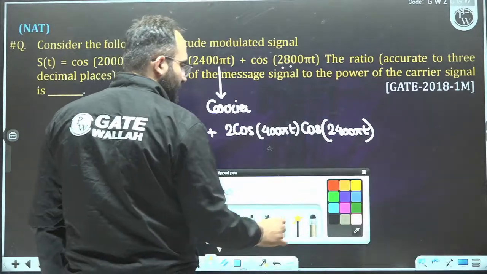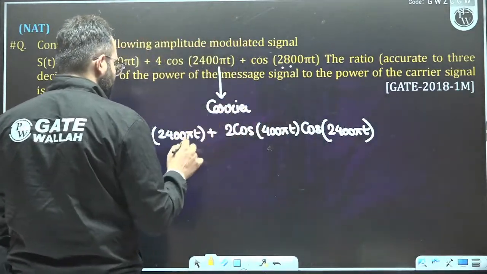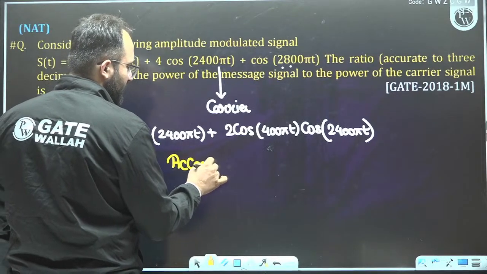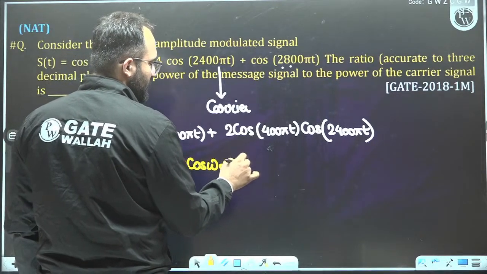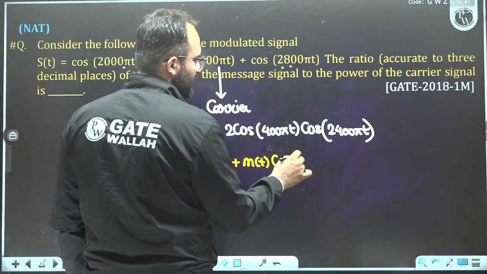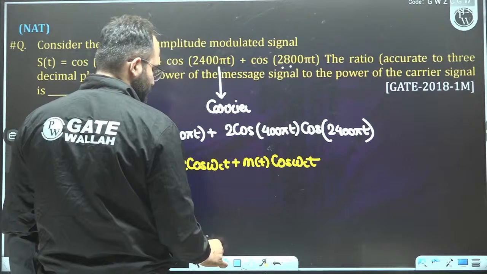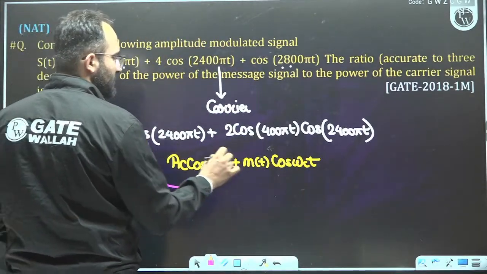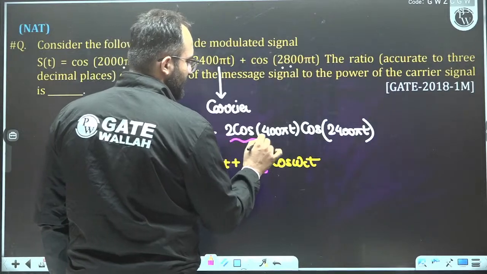So if we compare this with the original representation of AM, that is Ac cos of omega c t plus m(t) cos of omega c t, we can see that this will become the carrier and this term will become the message.